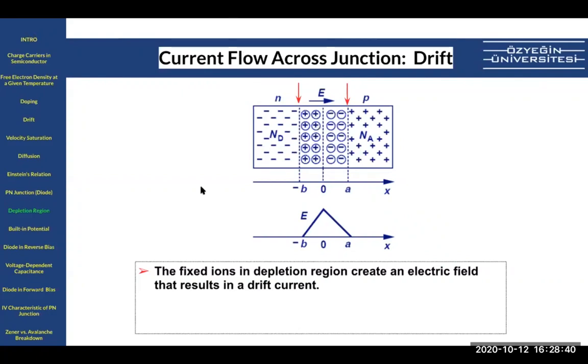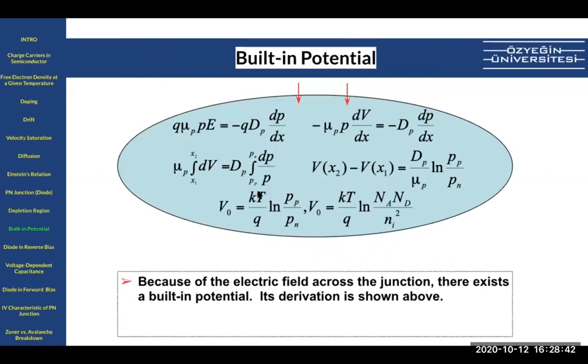The built-in potential is derived from a bunch of equations, but where it comes from is actually equating the drift current to the diffusion current. So this is the drift current for holes. And as you know, this is the diffusion constant, and this is the mobility constant.